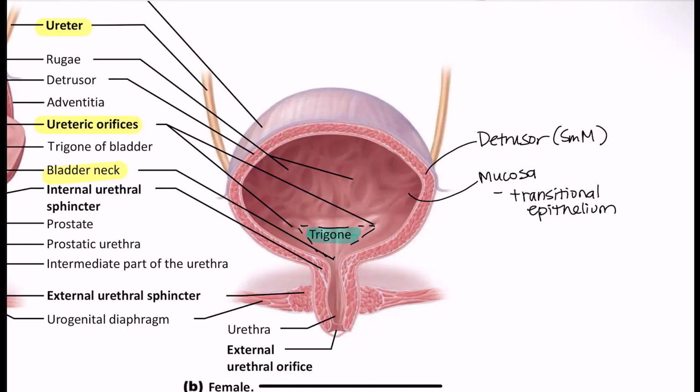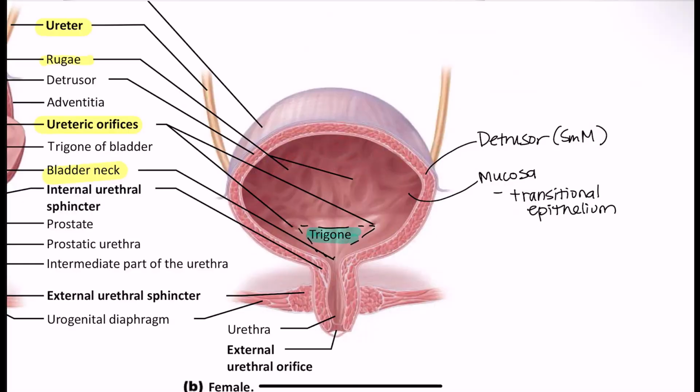When the bladder is empty, transitional epithelium kind of smooshes in on itself and starts to form these folds. And they're folds that we've learned the name of before because those folds are called rugae. So all of these little foldy bits called rugae.